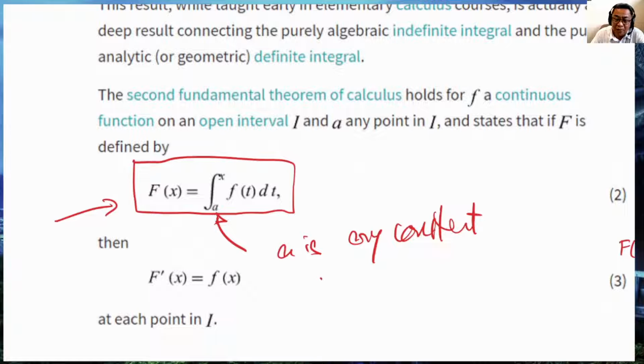We use capital F of x and small f of x for a reason, because the derivative of capital F is small f. So in fact, we are performing the antiderivative. We are getting the function such that the derivative of F is the small f over here. So this is the second theorem of fundamental theorem of calculus.